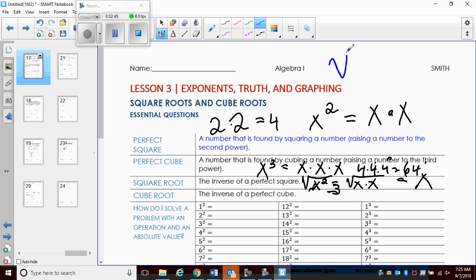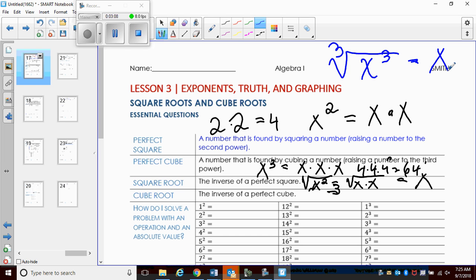It looks like this. It's the radical symbol. The only difference is there's a little 3 inside, and you have the x cubed, right? So how many triples? You have 1 triple. So what comes out is just 1 of the variable terms.